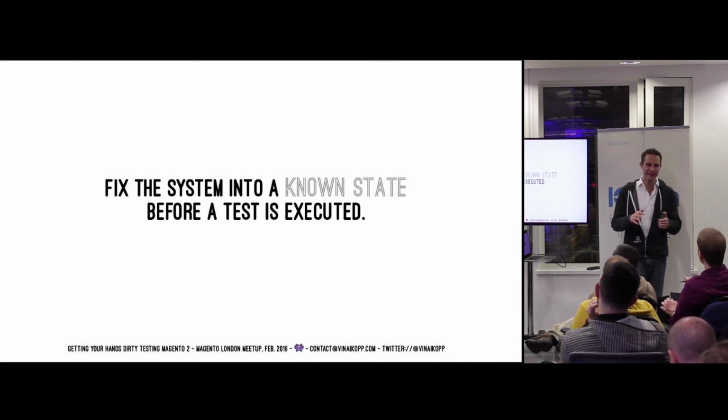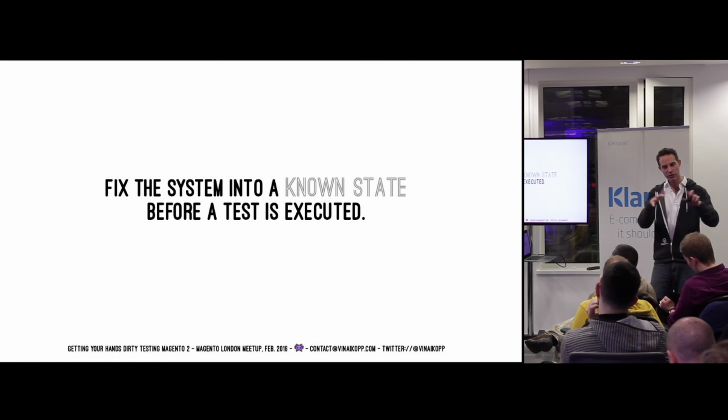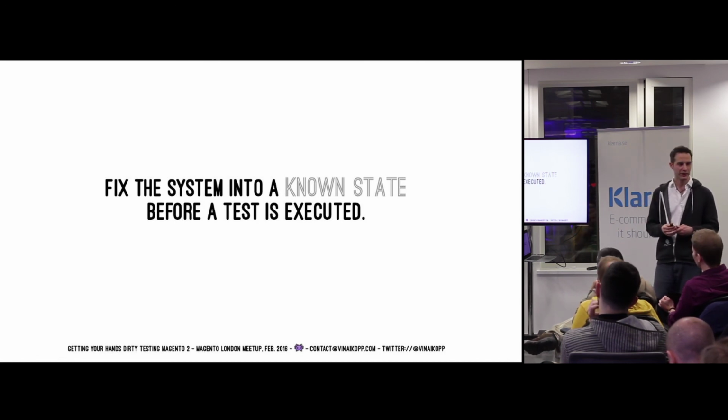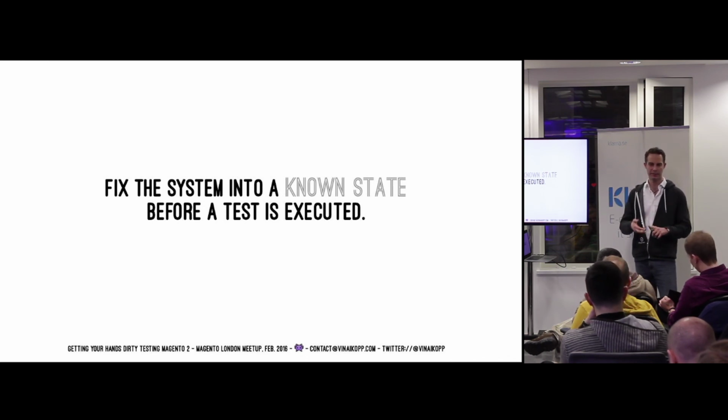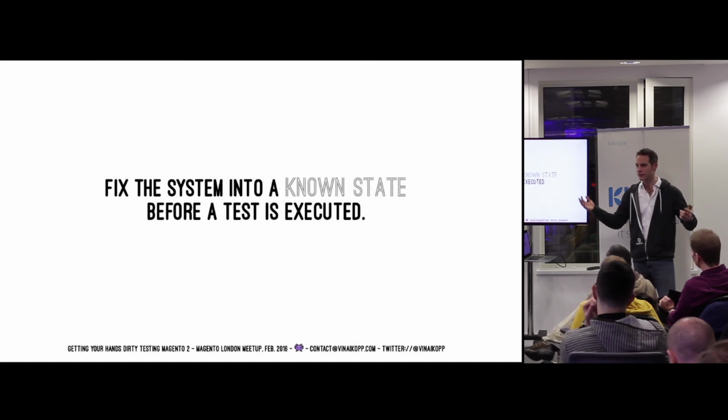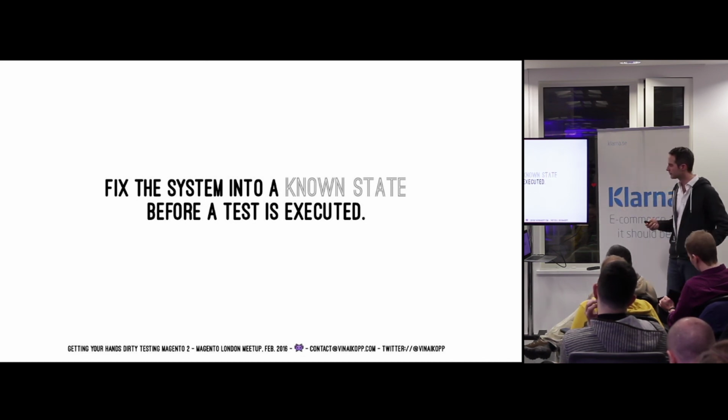So to avoid that kind of flaky tests, I always want to have a known state it executes in, and that's what a fixture does. So what could be a fixture? A fixture could be, I want an order by a guest with a pending payment in a pending status. And the guest should be from, I don't know, Germany or wherever, right? So a very specific set of circumstances would be one example for a fixture.